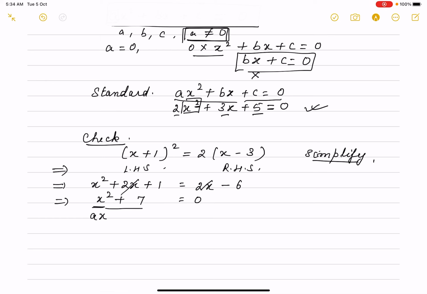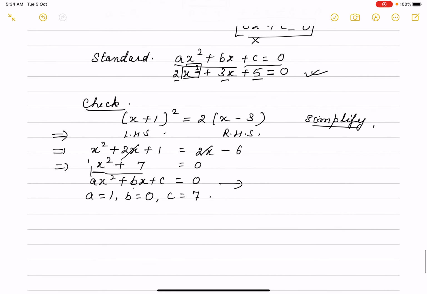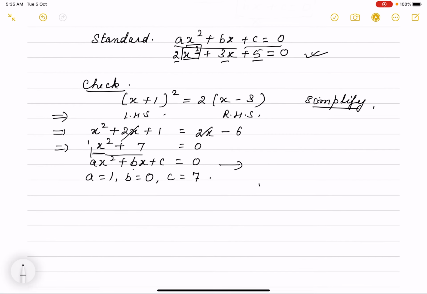If I compare with the standard form of equation, you see here a is 1, b is not there so b is 0, c is 7. So this is a quadratic equation. This way you simplify and check whether it is quadratic or not.